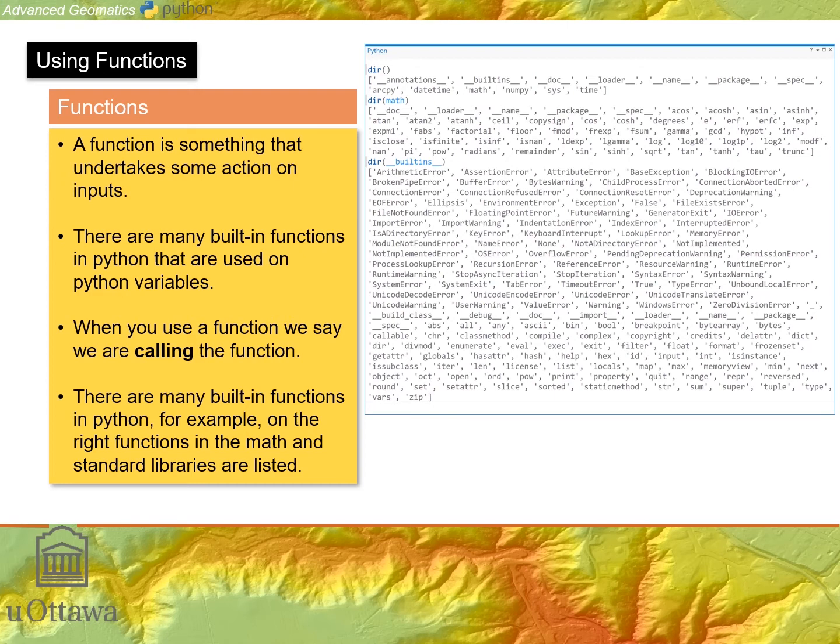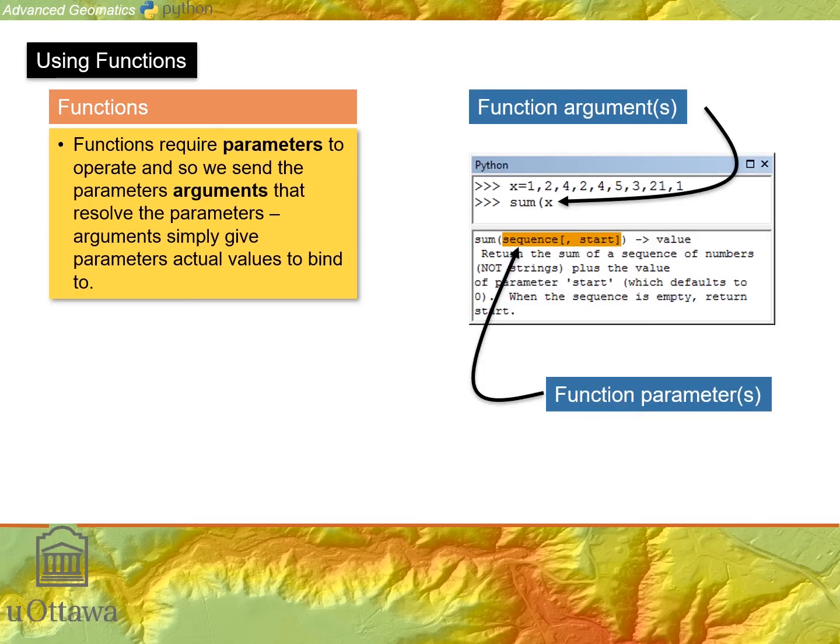So for example, isNaN, with parentheses, some value, and it will tell you true or false if it's a number or not. So as I said, functions have two things in the function. Functions internally have parameters.